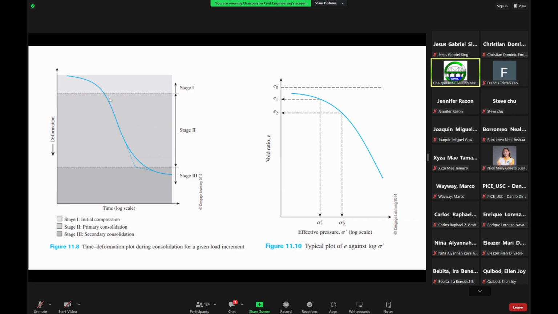So far we have derived the formula for the primary consolidation settlement, depending on whether you have normally consolidated or over-consolidated clay soils. Then after that, depending on the type of soil, you can either have a secondary consolidation settlement or not. Now let's talk a little bit about the secondary consolidation settlement.